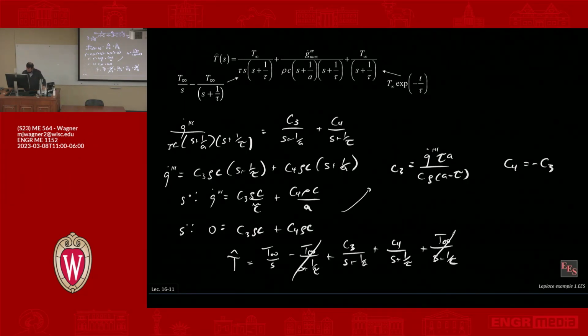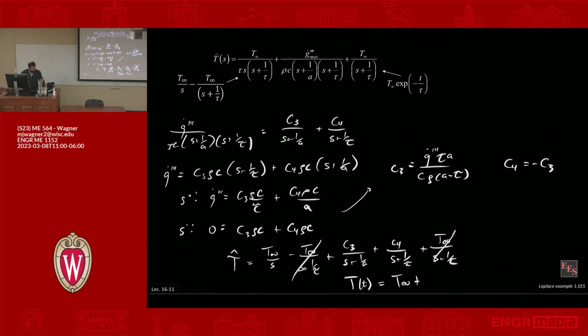So this yields, oh man, I need more room. So this yields in the very bottom here, T as a function of time is equal to a constant over s inverted. If you look at the table, it's just that constant. So it's t infinity plus these two terms. If you look at the inverse there, that's going to be some exponential thing, right?